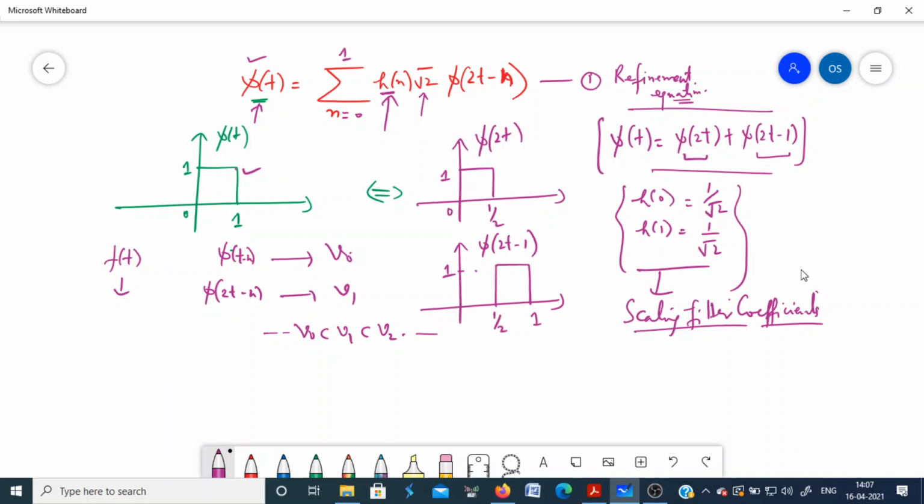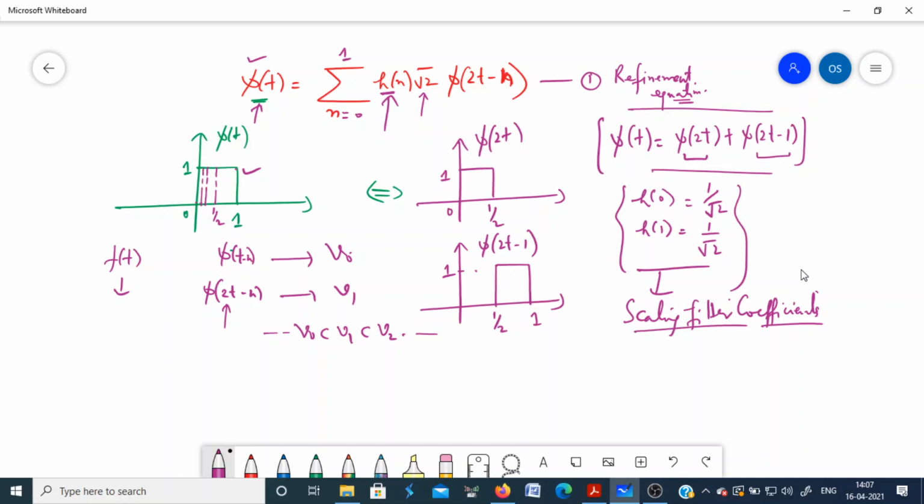So as you increase the scale j, 1, 2, 3, this pulse is going to become narrower and narrower. For 1 it is 1 by 2, then for 2 it is 2 to the power j, a factor of 4, then again for 3 it is 1 by 8.